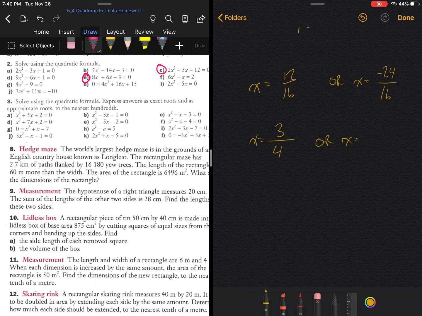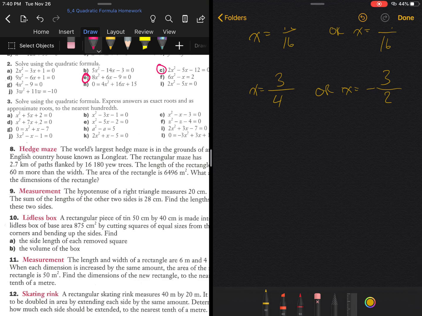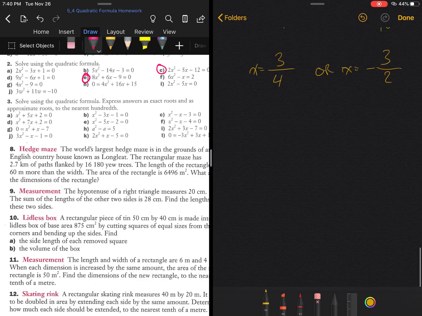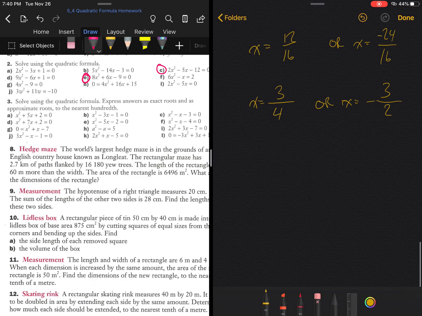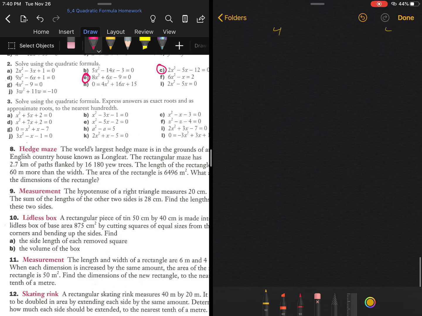If we wanted to simplify it, you could divide both by 8. Divide the bottom by 8, you get 2. Divide the top by 8, you get 3. So it's 0.75 or negative 1.5. Okay, where are we?